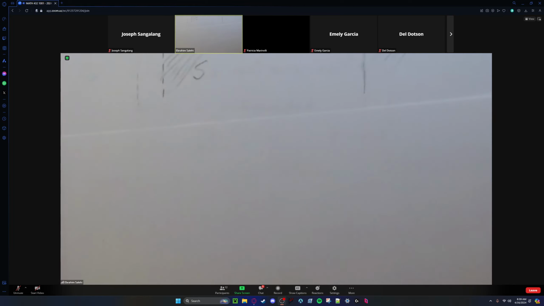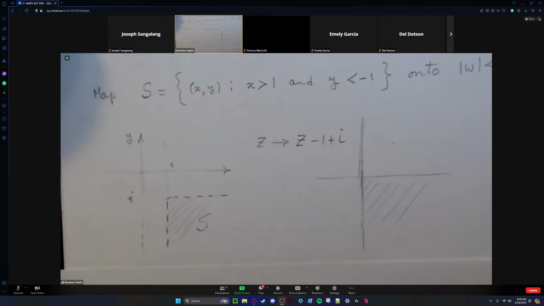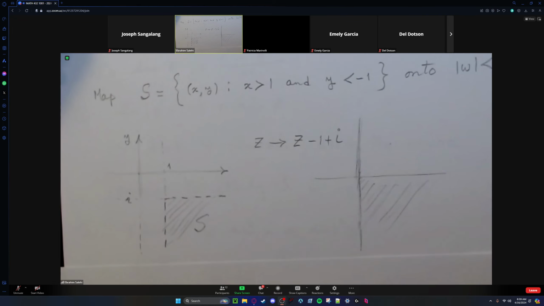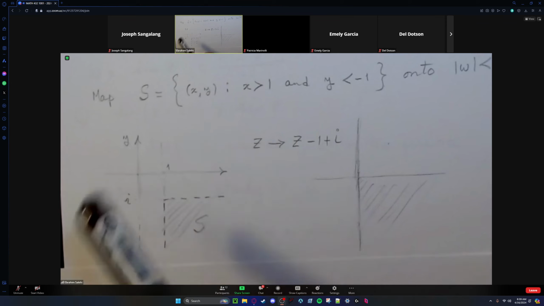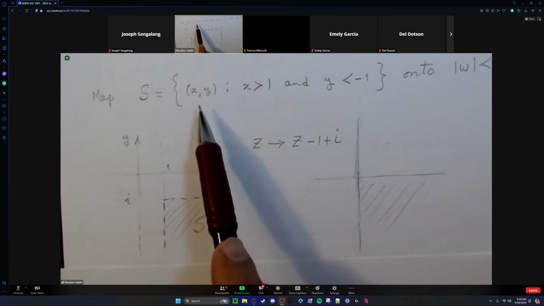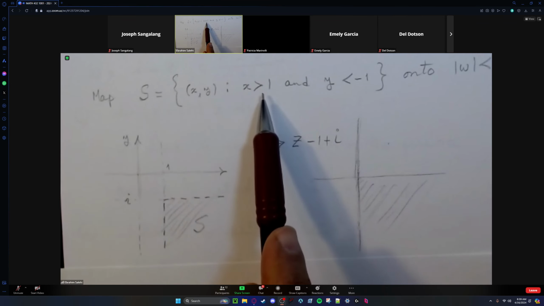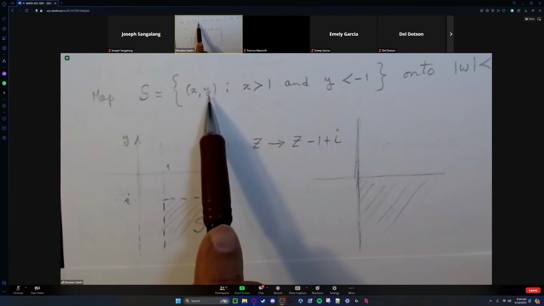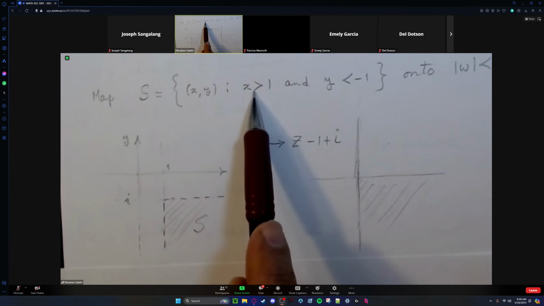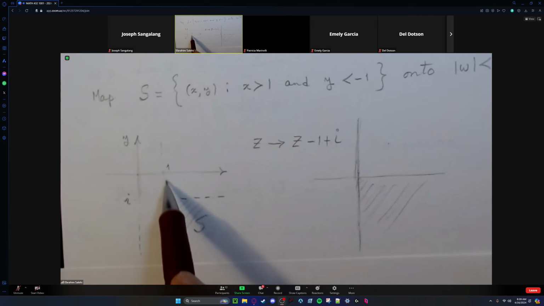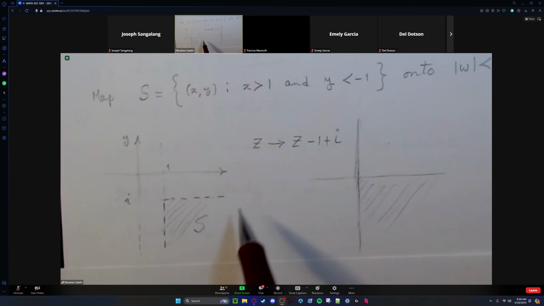Here is another one that tells you how creative you've got to be. So this time, this is the set. Look, it says the set of all xy's, x is bigger than 1. Here is x bigger than 1 in this area.